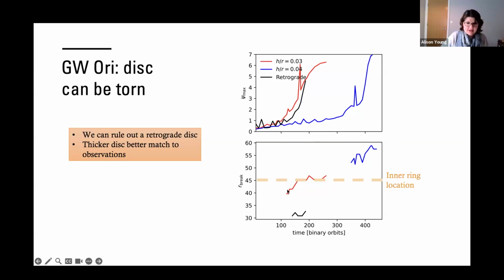The thinner disk breaks at about that radius, so that wouldn't allow enough room for the ring to build up. So tentatively, we could very tentatively say that perhaps the thicker disk better matches the observations. But the main point is that we've shown that with good resolution, with different parameters, we can tear the GW Ori disk with what we derived from observations.